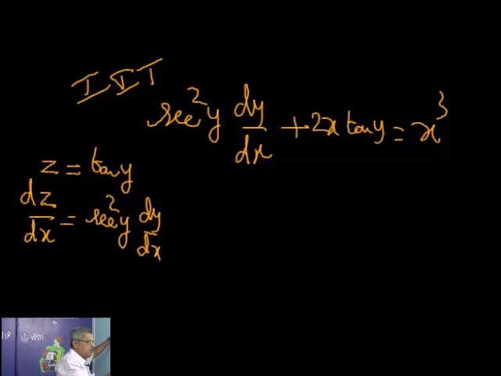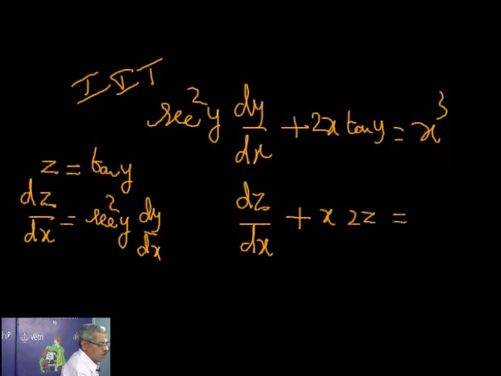We have a replacement for this secant square y dy by dx, that is dz by dx. And we have a replacement for tan y: you get x into 2z is equal to x cube.